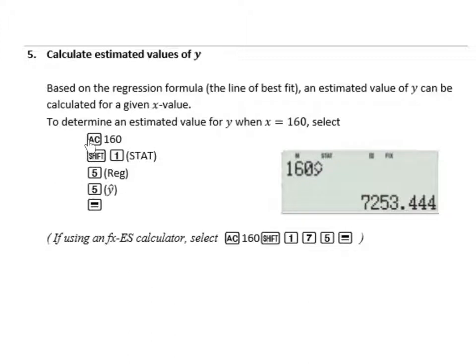So we press AC, we input 160, press Shift 1 for stat, 5 for regression, and 5 for y hat, and then the equals button. And this should show up 7,253.444. If using an FX ES calculator, select AC, input 160, Shift 1 7 5, and equals.